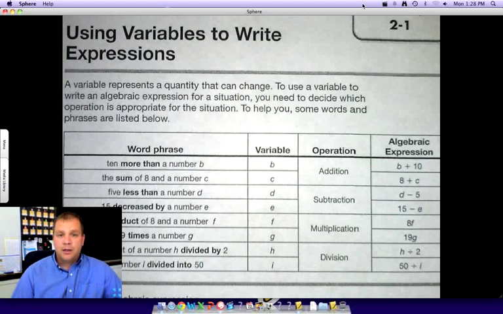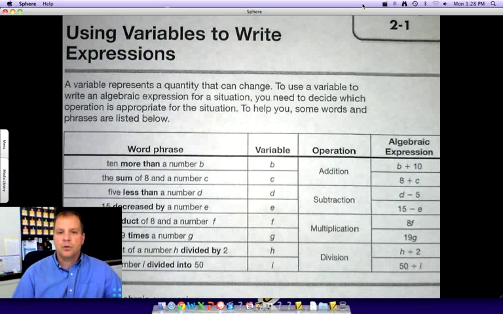Please open up or create a document in Google Classroom, and I want you to come up with different ways of saying the operations for addition, subtraction, multiplication, and division. So two have been given for you for addition, more than and some. I want you to try to come up with at least one more phrase used to represent addition. Same thing for subtraction, multiplication, and division.